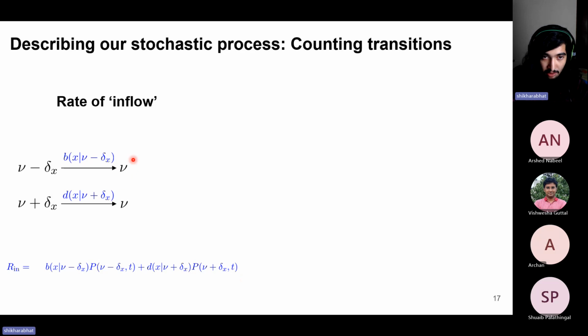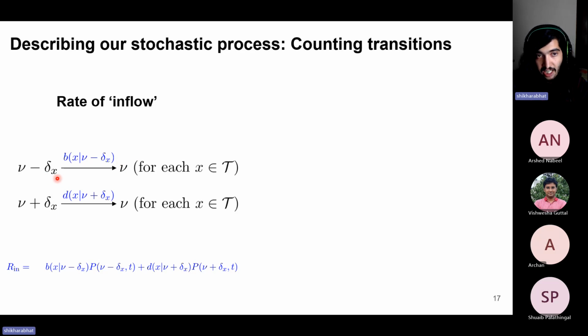But notice, I care about this population nu, and this transition is true for a particular x, right? But this can happen for each x in the trait space. This transition still holds for any given x in the trait space: if type x is born and this population exists, we will end up with the population nu.